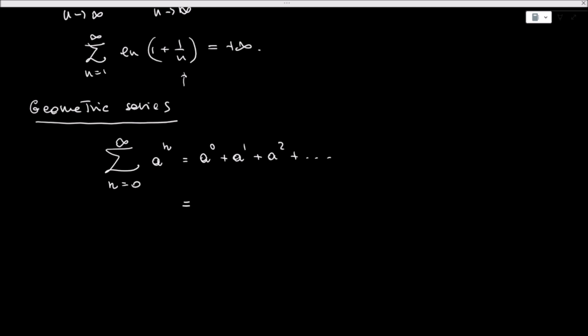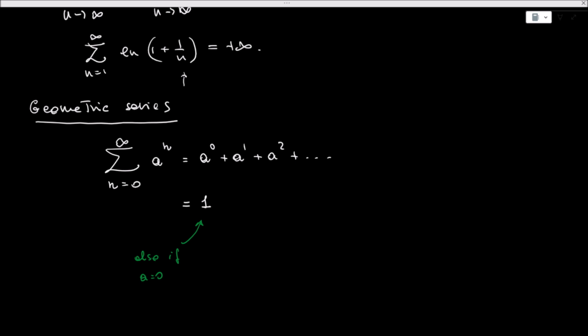Now we assume by convention that a to the 0 is equal to 1, and this is also valid if a is equal to 0. So by convention we consider also the case where we have 0 raised to the 0, which would be an indeterminate form, to be equal to 1.